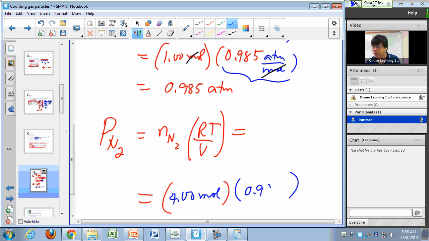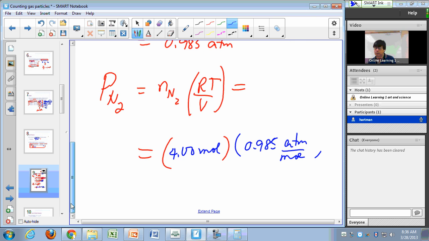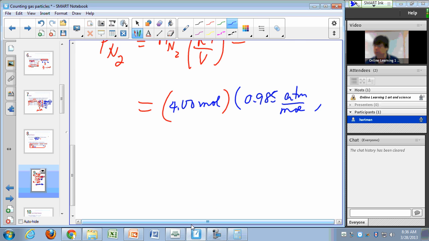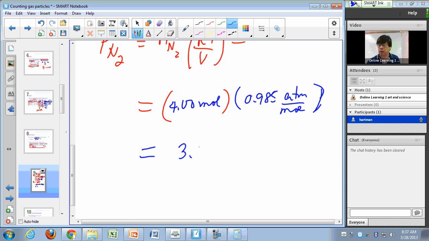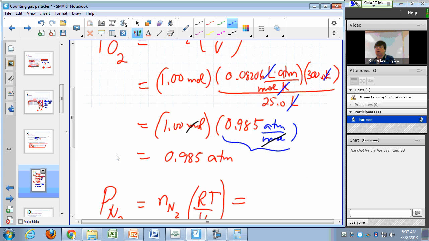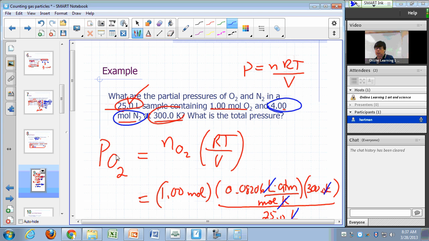It's 0.985 atmosphere per mole in this case. So 4 times 0.985 gives you 3.94 atmospheres. So that would be the partial pressure of nitrogen. So those would be your partial pressures.